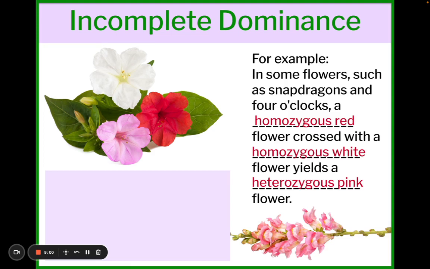Neither allele is dominant over the other. So we call it homozygous red. And if a homozygous red flower is crossed with a homozygous white, all of the offspring will be pink. That's how you know it's incompletely dominant, okay?